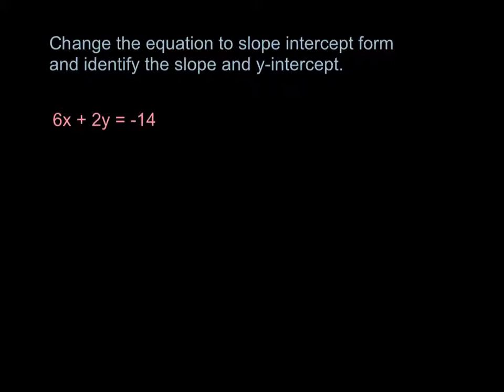Sometimes, though, our equation is not going to be in slope-intercept form. So what you're going to have to start with doing is changing it to that form. So you're going to convert this to slope-intercept form by solving for y. So in order to get y by itself in this equation, I need to subtract the x term over to the right-hand side.